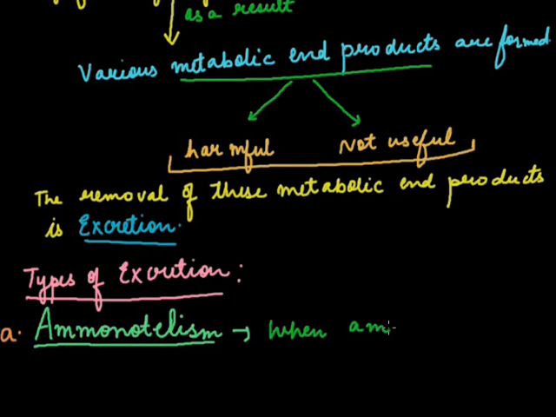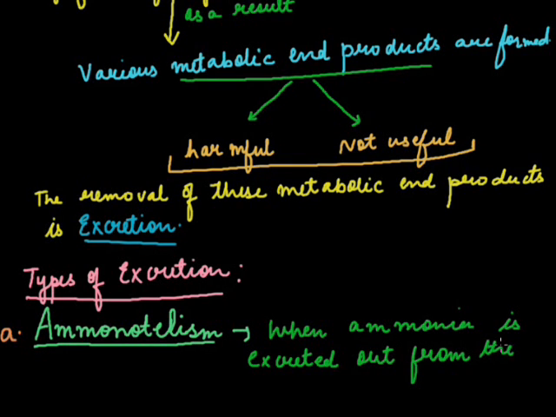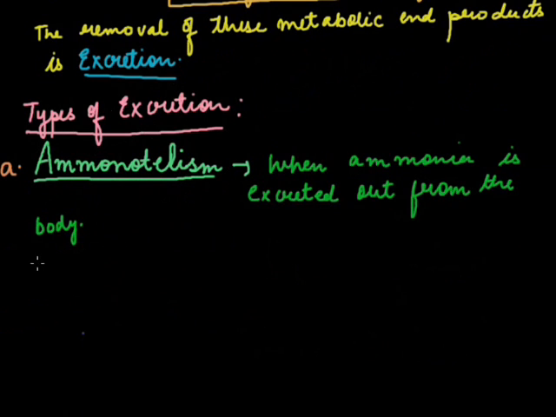When ammonia is excreted out from the body. What is ammonia? Ammonia is nothing but NH3. When it is removed from the body, the type of excretion is known as ammonotelism.